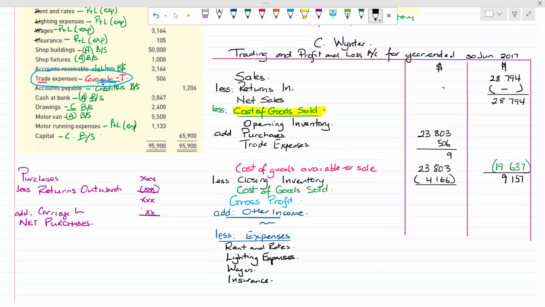So if we add this 9, 0, 13, 4, right? So this would be our cost of goods available for sale. So think about it like this. Remember, we was using the example of me going and buying the drinks and stocking the fridge.